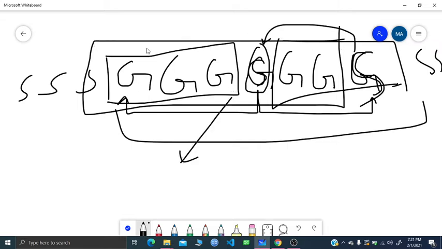Then our optimal result would be 1 2 3 4 5 6. That would be our optimal result.